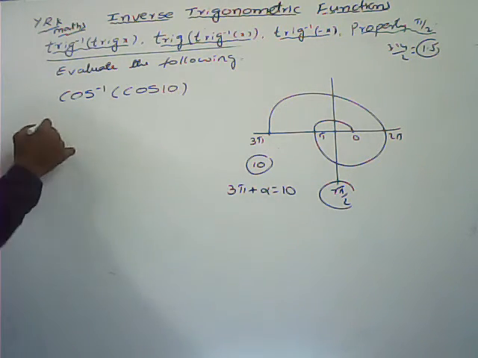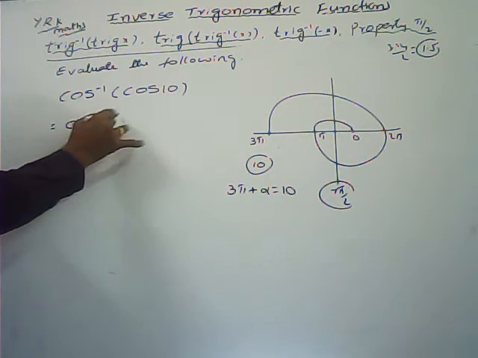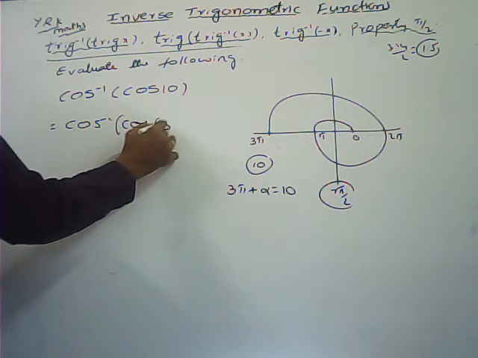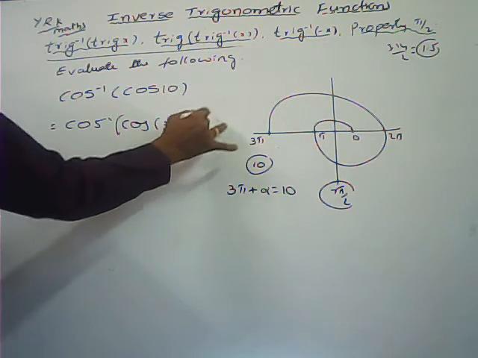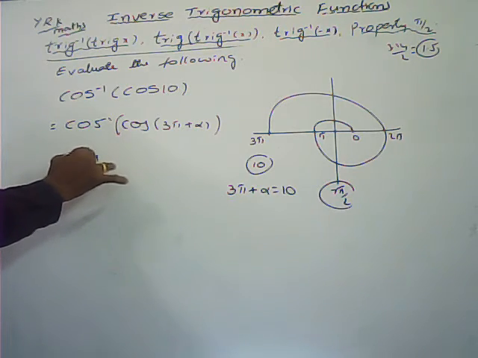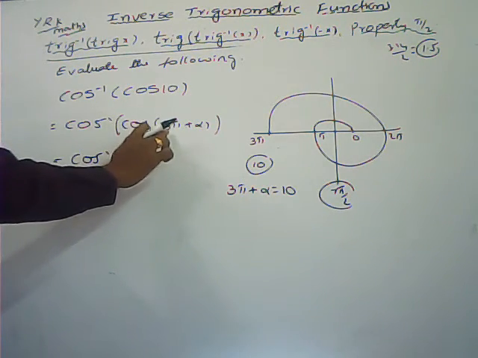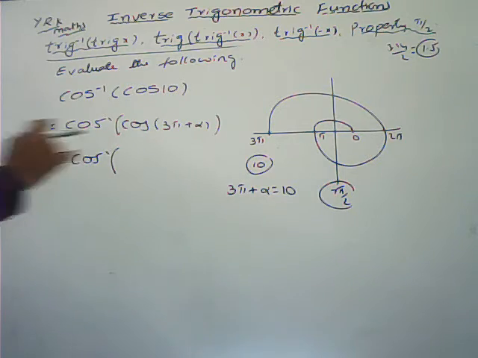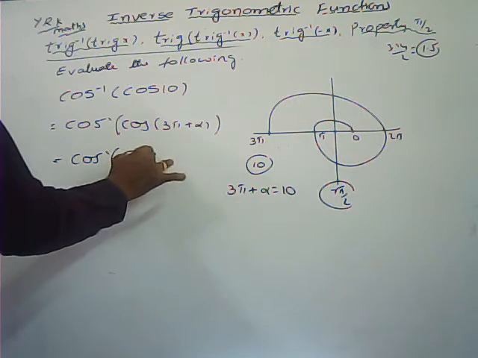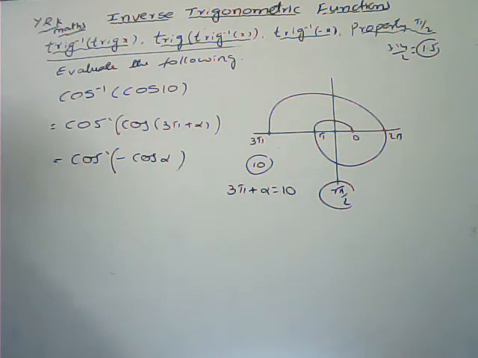And now here you can see cos inverse of 10. In the place of 10 we can write 3 pi plus alpha. Here alpha is the acute angle between 0 to pi by 2. Now cos inverse of cos of (3 into 180 plus theta) belongs to the third quadrant. In the third quadrant cos is negative, so there is no change in the function, minus cos alpha we can get.